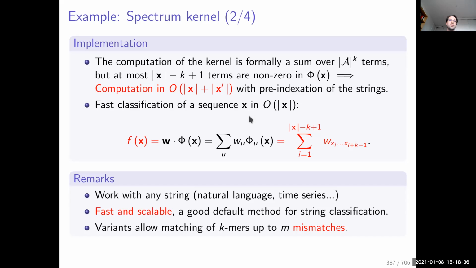But assuming that you know how to compute your phi of x for every u, you have enumerated all of the possible patterns and you want to do classification.